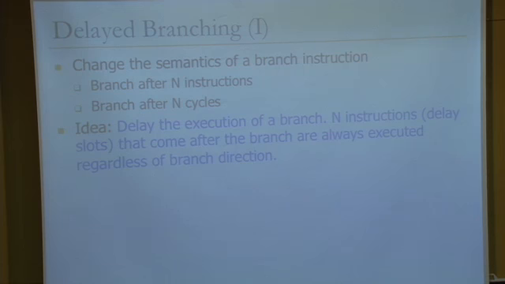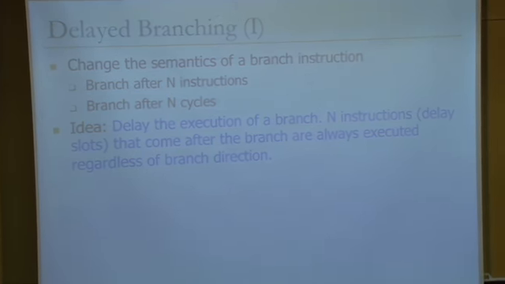So you have a branch, and after that, you have a delay slot, and you delay the execution of the branch until all the instructions in the delay slot are executed and completed. These instructions are always executed regardless of the branch direction. The branch could be taken or not taken, doesn't matter. The instructions that come after the branch are always executed.